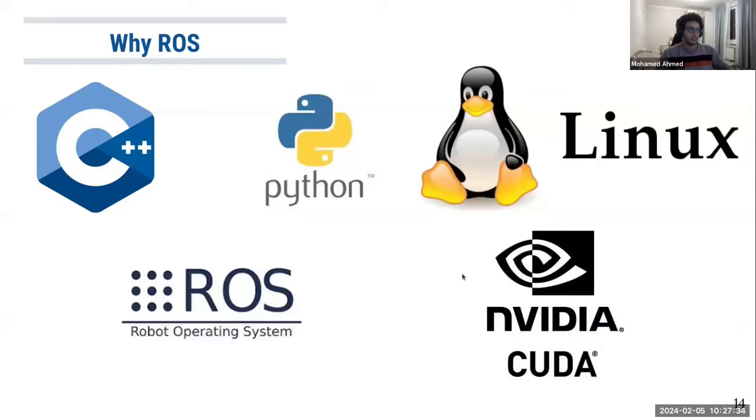And if you know about NVIDIA and parallel programming, that can also be used with ROS. So ROS is a flexible operating system. You can use any programming language, you can even use parallel programming through it, and you can do a lot of stuff.